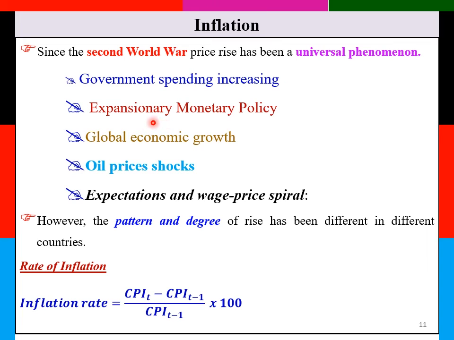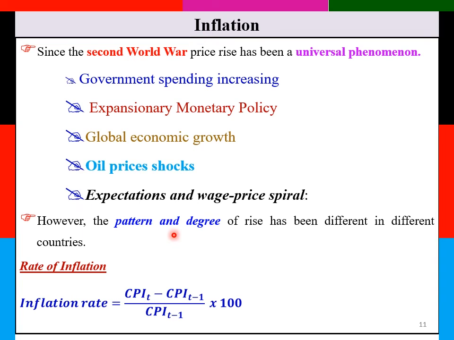Again, expansionary monetary policy maybe causes inflation. Global economic growth after the Second World War. Oil price shocks: the price of oil is continuously increasing. Expectation and wage-price spiral is another cause for the increase of inflation after the Second World War.